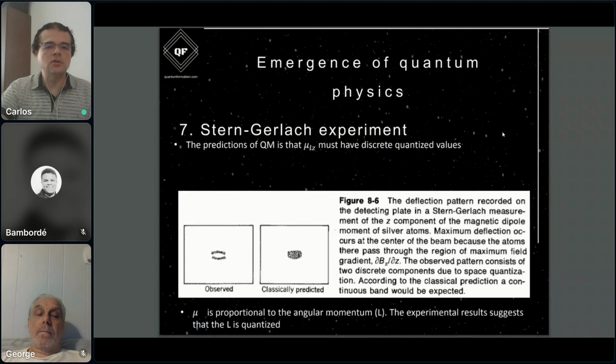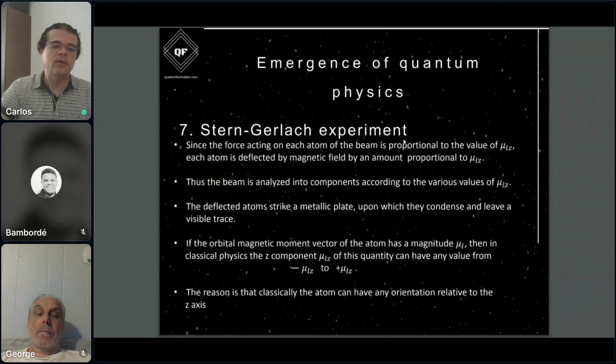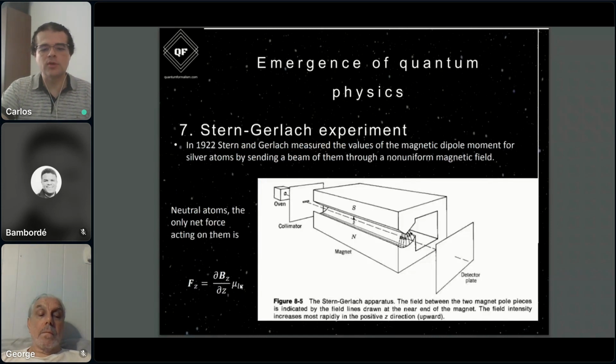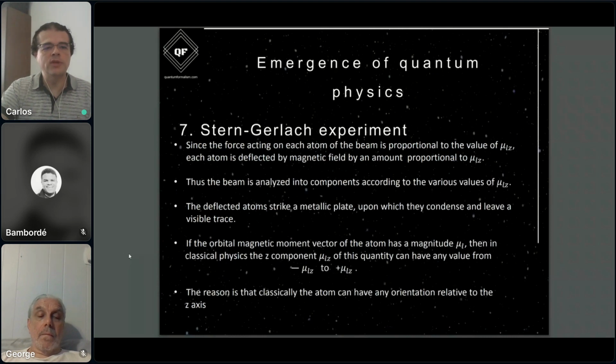So since the force acting on each atom of the beam is proportional to the magnetic moment, each atom is deflected by the magnetic field by an amount of mu Lz. Thus, the beam is analyzed into components according to the various values of mu. The deflected atoms strike the metallic plate, upon which they condense and leave a visible trace.